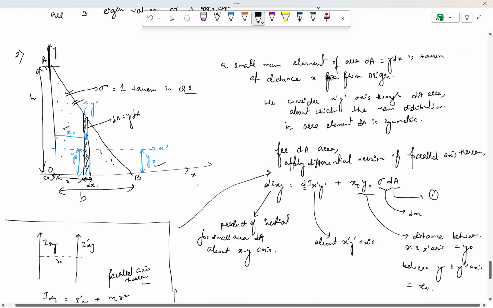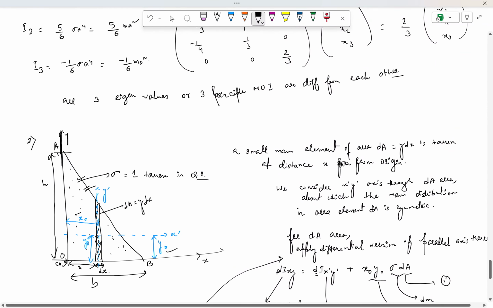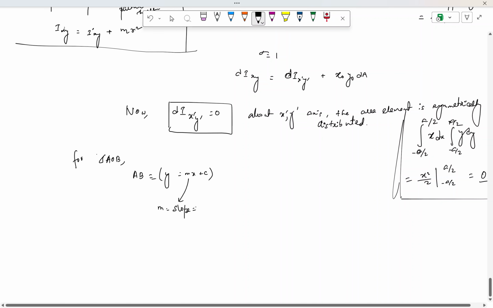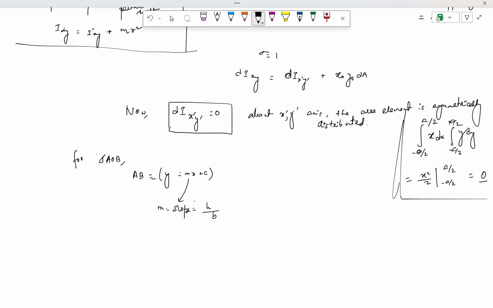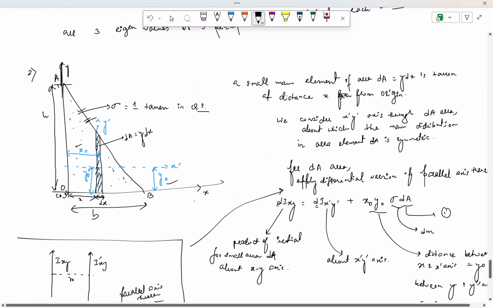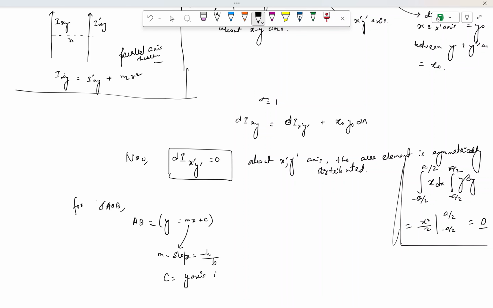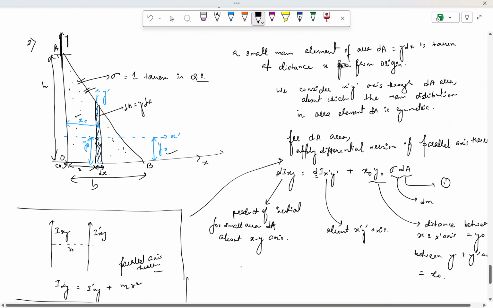You can see this line AB has a vertical stretch of h and a horizontal stretch of b. So slope is simple, the vertical by the horizontal distance, so in simple terms this is h by b, and also this is a negative slope because the line is such that the slope is obviously negative. So this is minus h by b, and c is the y-axis intercept for the line, which is clearly evident from the diagram, that on the y-axis it has an intercept of h.